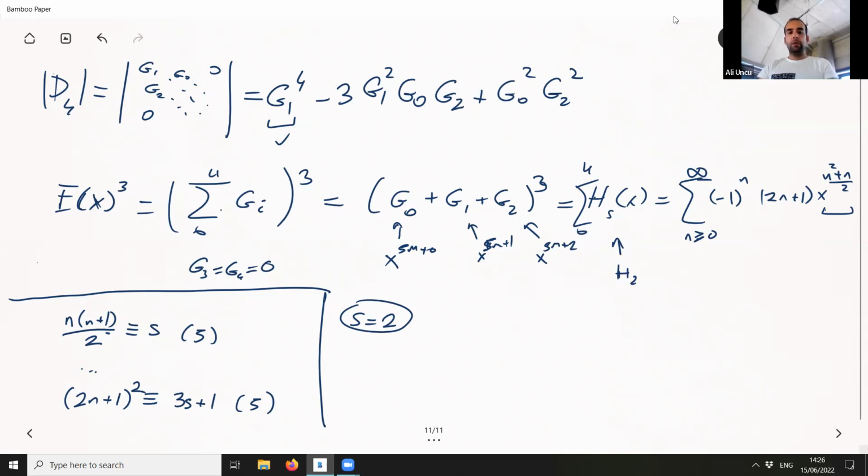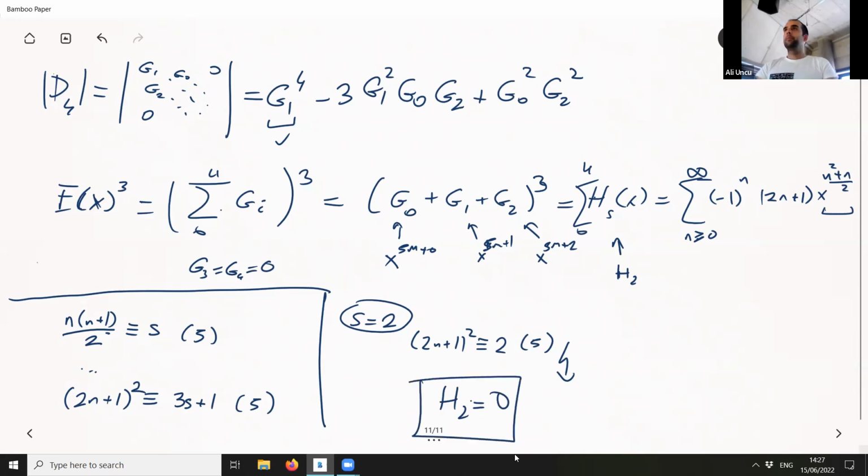If s equals 2, I would end up getting (2n plus 1) to the power 2 is congruent to 6 plus 1, 7 or 2 modulo 5. So can you find any n so that the square of that is 2 modulo 5? No. Which says that h2 is 0. We could have done it in the beginning, but we're doing it now. That's fine. So h2 is apparently completely 0.